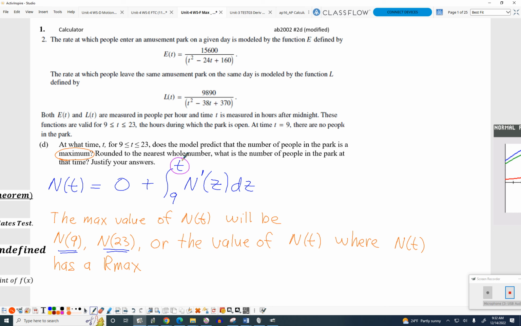This doesn't represent the same thing. When the calculator performs the integral, it's going to take a value of 9, put it in for this z, compute this for that value of 9, and then set that number aside. It will then plug in 9.01, do that calculation again, set that number aside, 9.02, 9.03, 9.04, then it adds those all together.